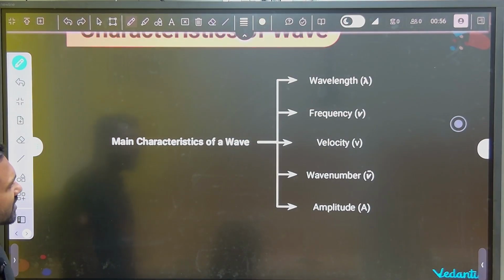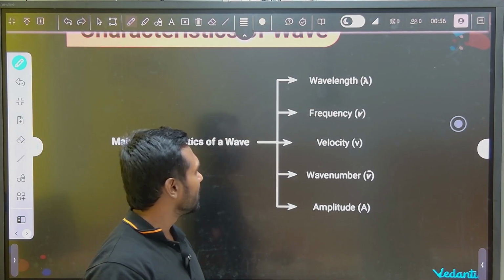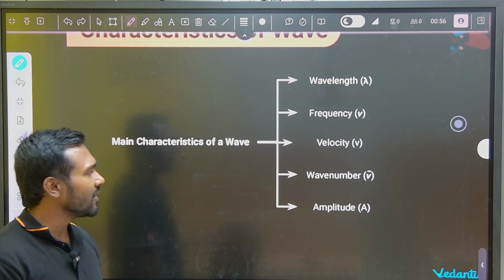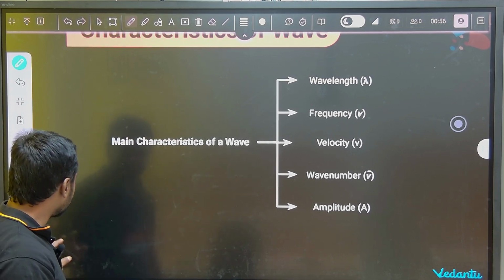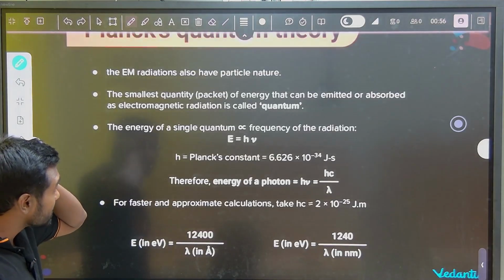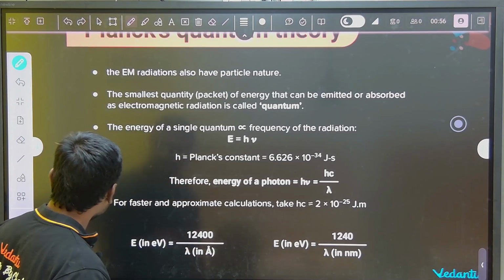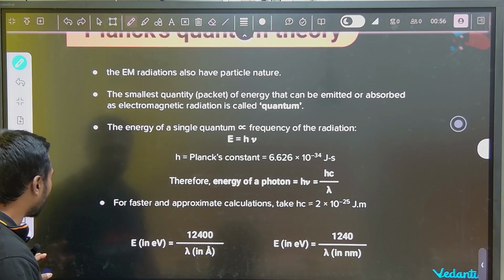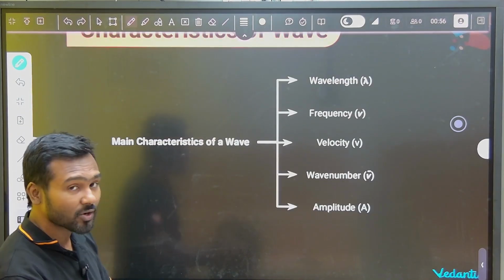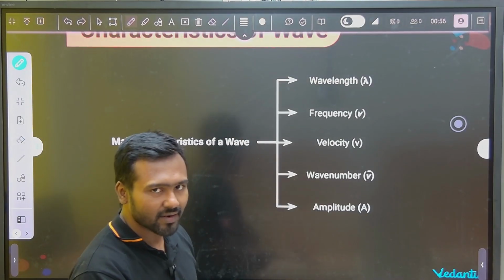The main characteristics of a wave: wavelength, frequency, velocity, wave number, and amplitude. Already you know all these things. What is the wavelength and what is the amplitude? I am not going to say all those things. Already you learned these things.